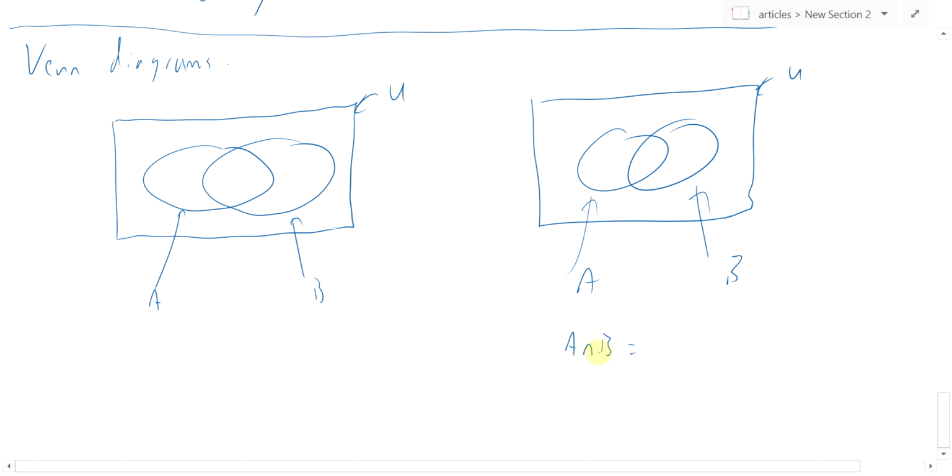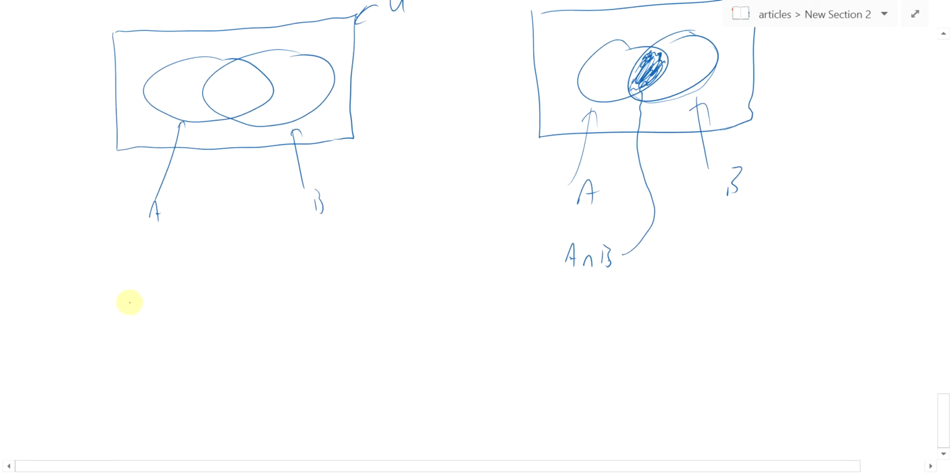Well, remember that A intersection B is everything that's in A and in B. A is everything inside this circle. B is everything inside this circle. So what's inside both circles? So A intersection B, that's this region. That's everything that's inside both circles. Okay. So we can start picking out regions.